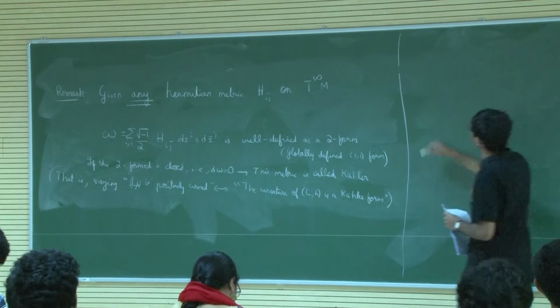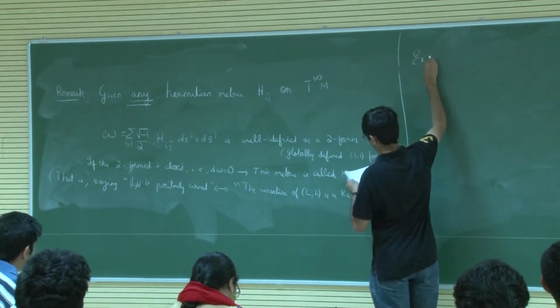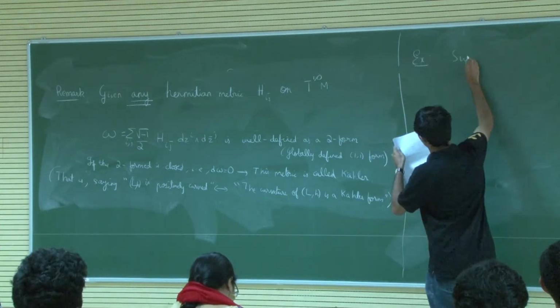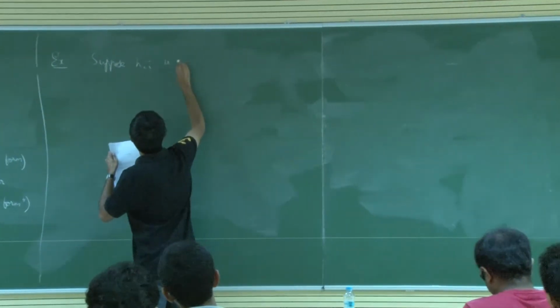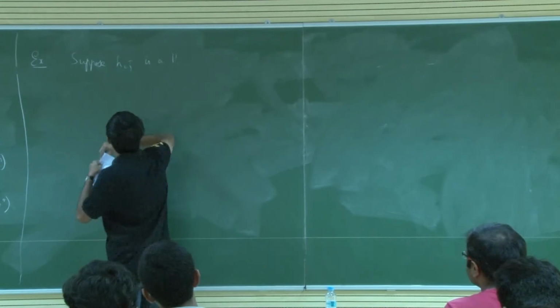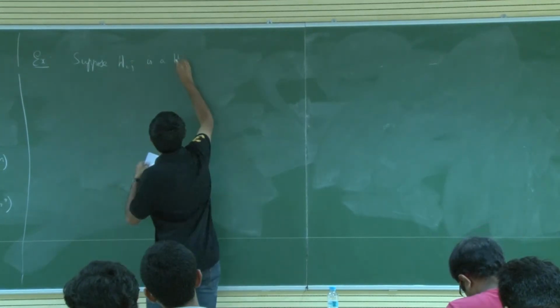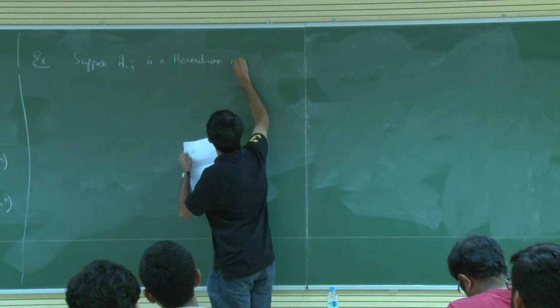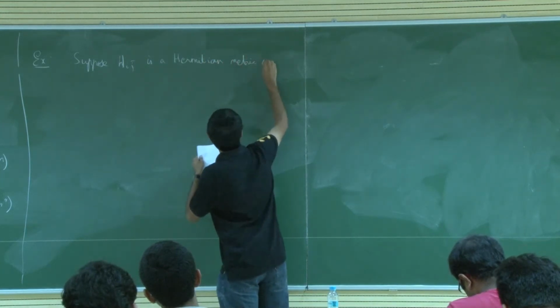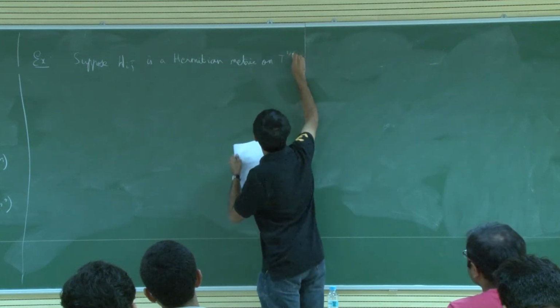Okay. Suppose capital H is a Hermitian metric on the holomorphic tangent bundle.